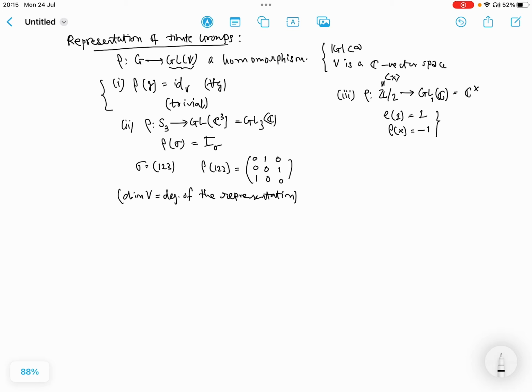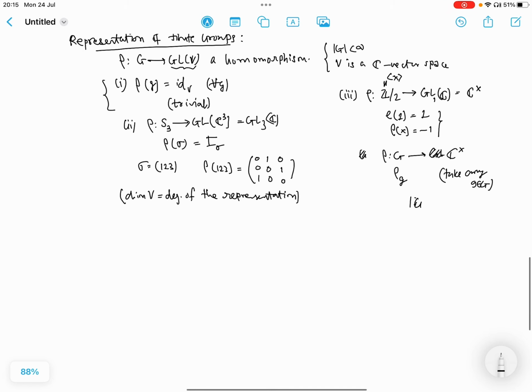In fact, you can observe one thing in general: if you take a one-dimensional representation of any finite group, then take any g, say of order n. Then rho(g) to the power n is just rho(g) whole power n, and that is just 1, due to homomorphism.